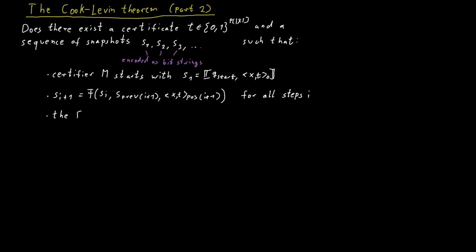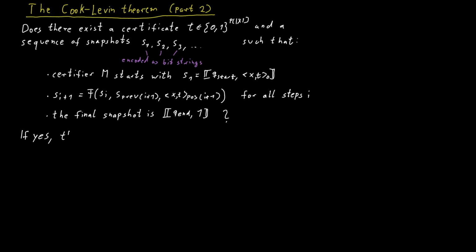Both of those things work, but for here, let's just say we enter this state q_end, which is a universal terminating end state, and we read 1. So that should mean the machine accepts. So the final snapshot should be a state where the machine stopped its computation and accepts the input.